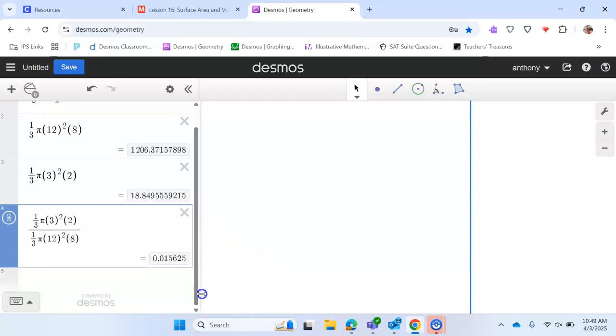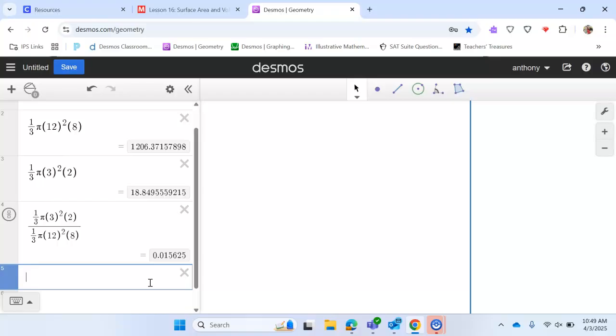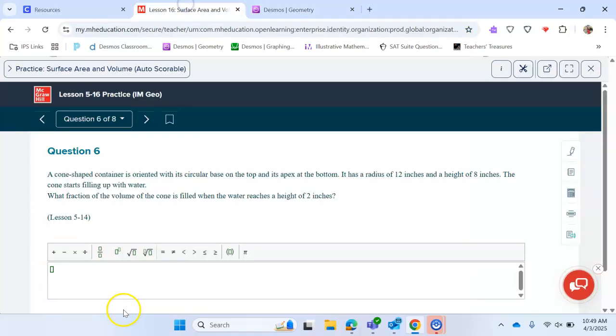You can see that's the correct answer, which I believe is 1/64. Yep, 1/64.